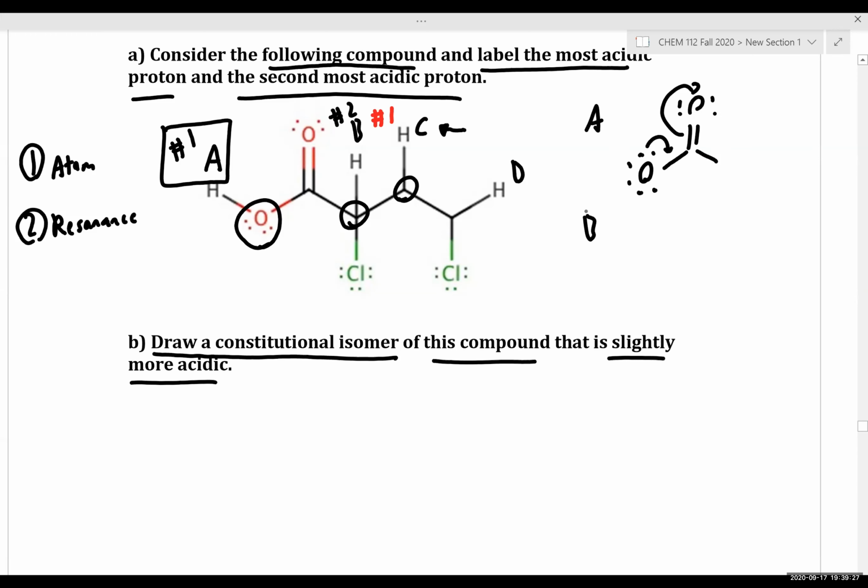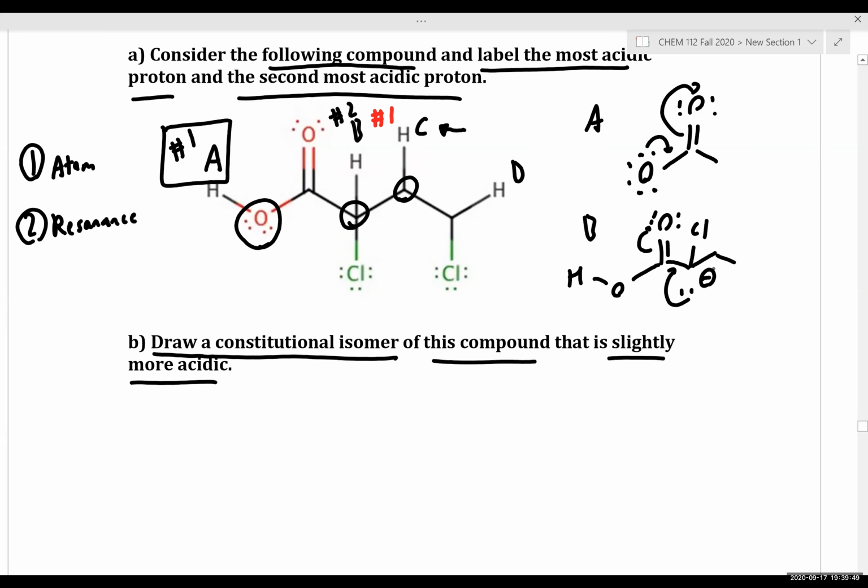Let's look at B for a moment. If we make an anion from B, my question to you is, can we delocalize our anion generated from proton B via resonance?